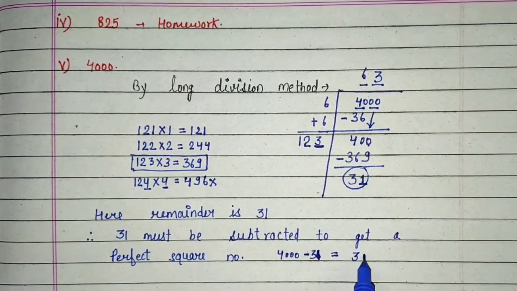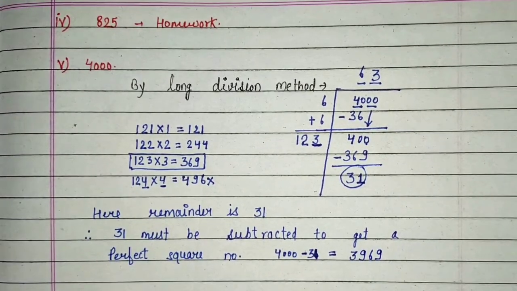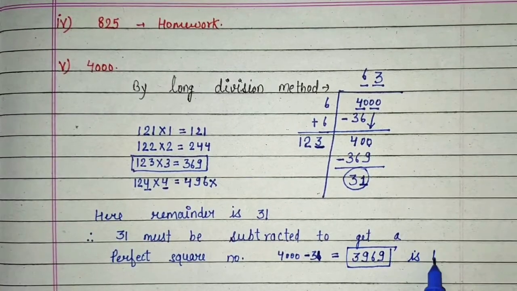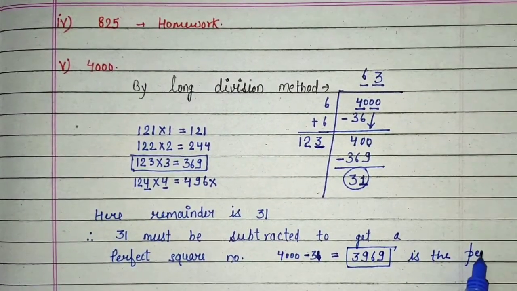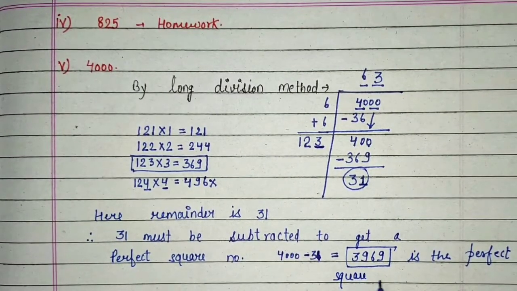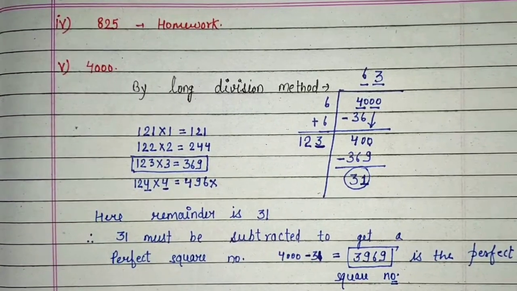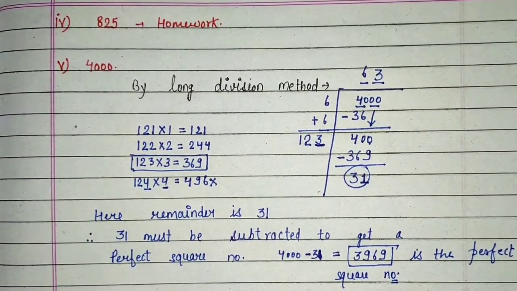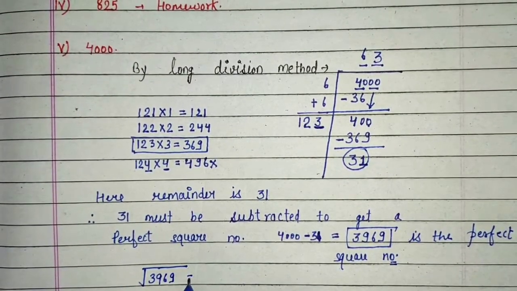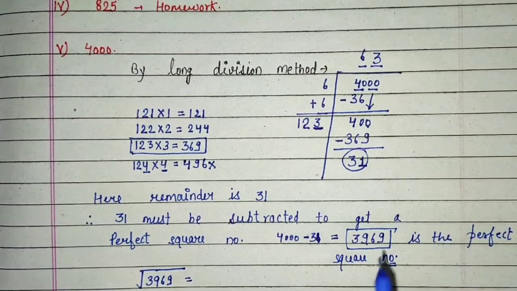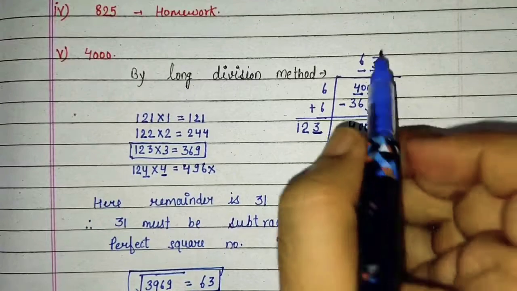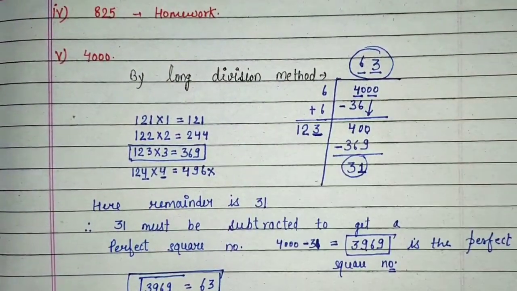So you will get 3969. This is the perfect square number. Now the question is to find the square root also. With the help of long division you can find it, or directly you can write the square root of this number is equal to 63. Clear?